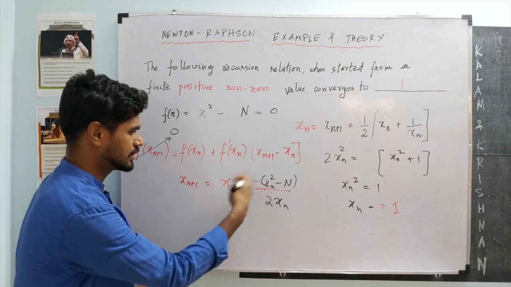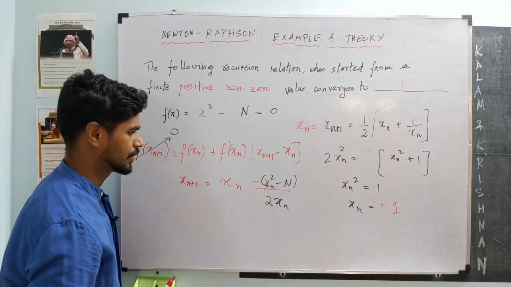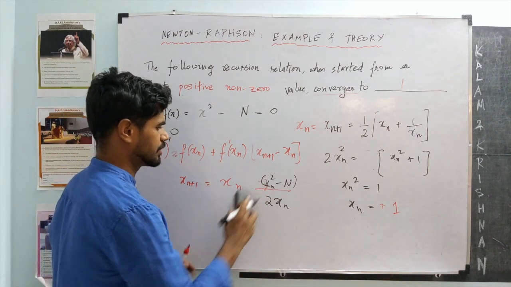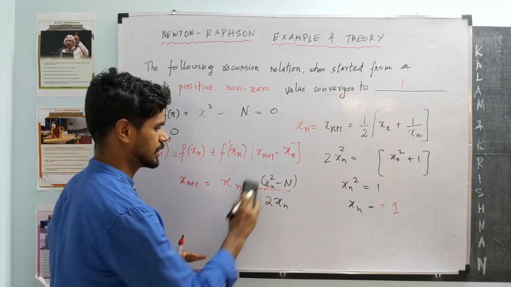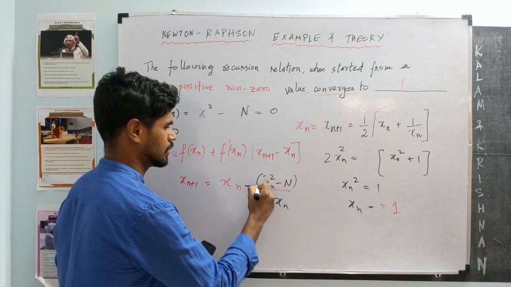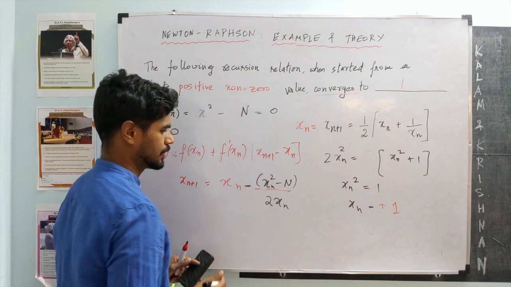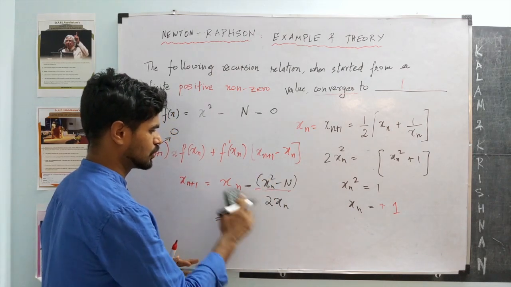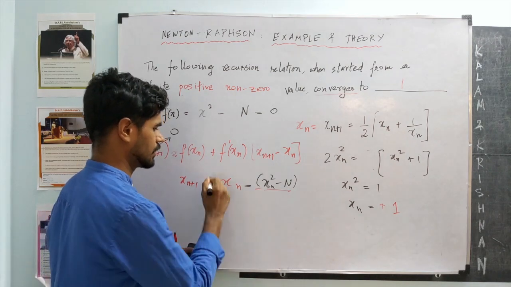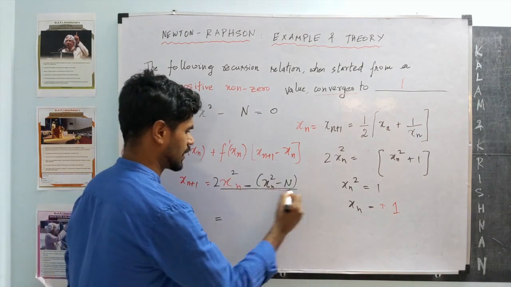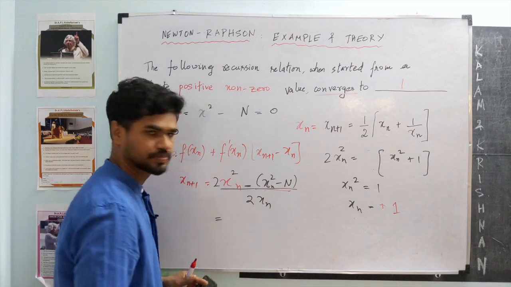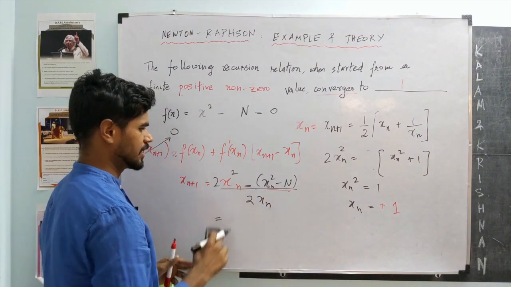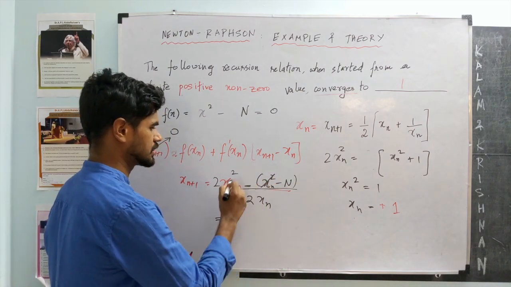Let's simplify this expression, whatever we have here. Let me bring this minus over here so that things are clear. This becomes 2xn square by 2xn, that becomes this term and this term cancels.